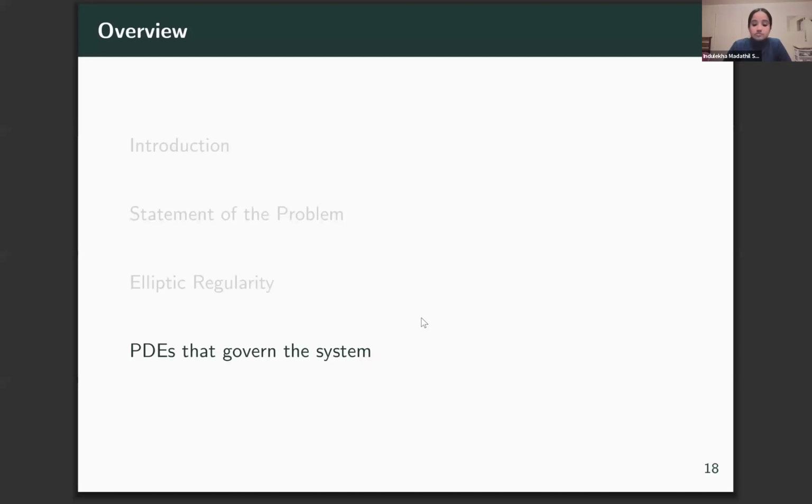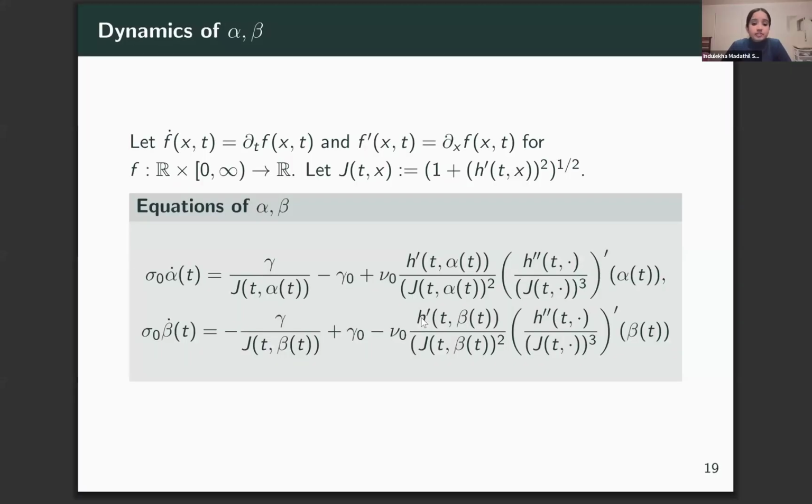So to conclude, I just talk about the differential equations that govern the system, the differential equations that give the dynamics of alpha, beta, H, and U. The notation that I have followed here is that dot denotes time derivative and prime denotes the space derivative.